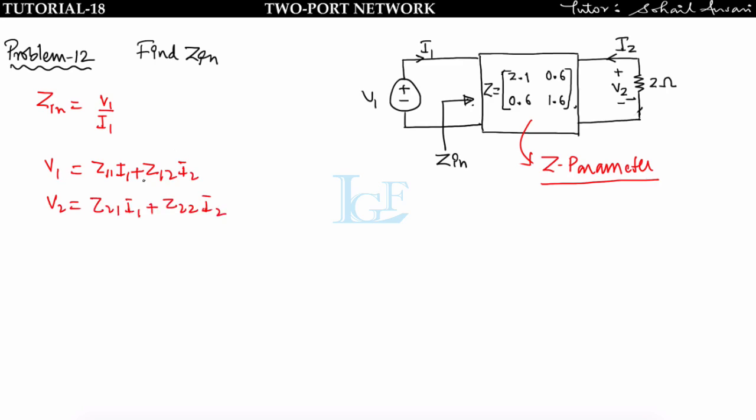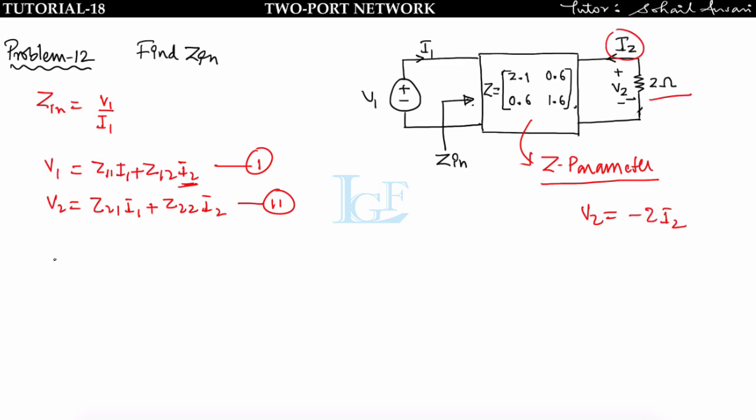We have to find V1 upon I1. So anyhow we have to replace I2, so that we can represent this equation in terms of V1 and I1. Now take this equation as 1 and the other as 2nd. Now replace V2. V2 can be represented in terms of I2 and resistance, that is equal to minus 2I2.